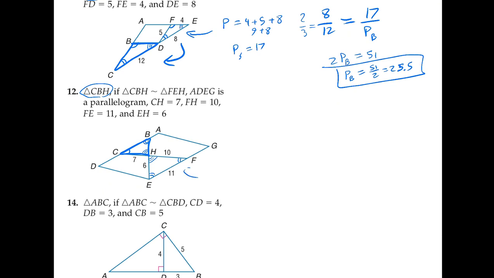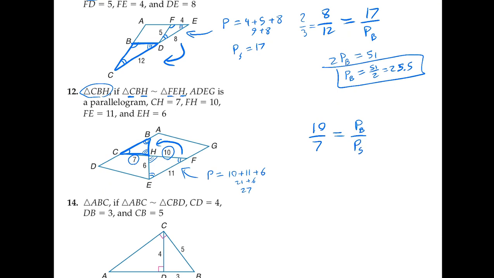Well, the perimeter of this one is 10 plus 11 plus 6. That's 21 plus 6, that's 27. And so then we know the ratio from this one to this one. So side CH corresponds with side FH. So over here, FH is 10, corresponds with 7. So from big to small, it's 10 to 7 is the perimeter of the big one, which I'm going to erase, to the perimeter of the small.